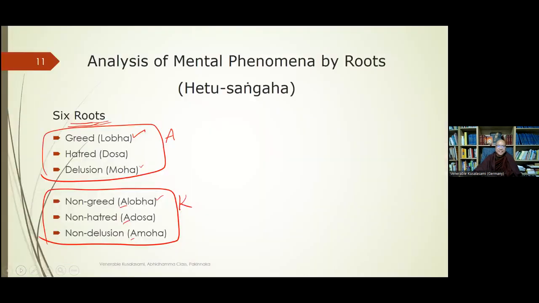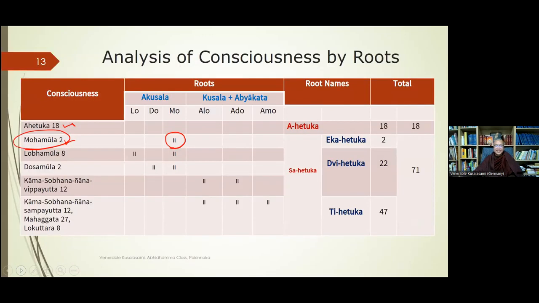I hope you got it. Actually, we are talking about the second chapter in the first chapter. That's why it is called the miscellaneous chapter. There's a mix of the first chapter and the second chapter, and on the other hand, preparation for the next step. So moha mula, delusion-rooted consciousness, has only 1 root. Moha root.